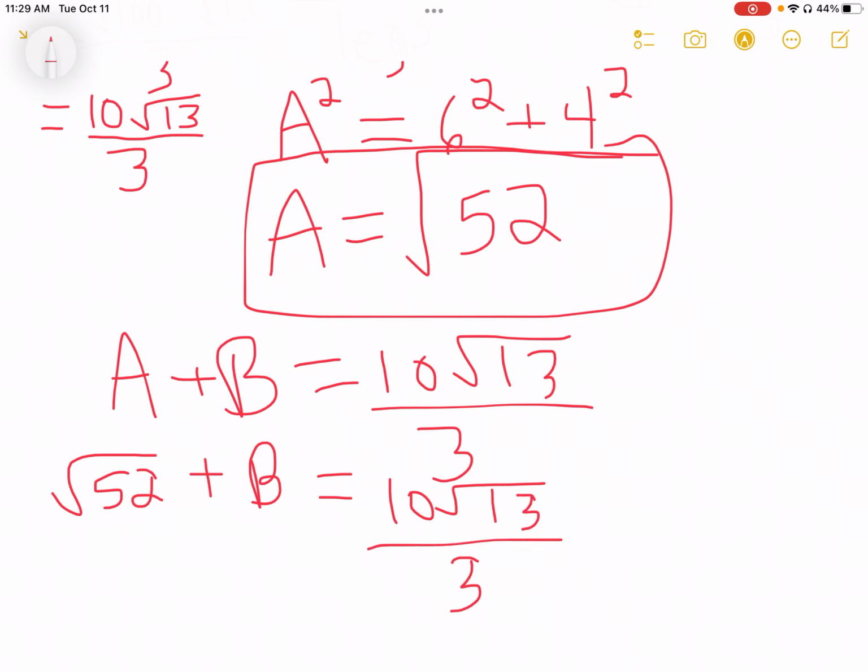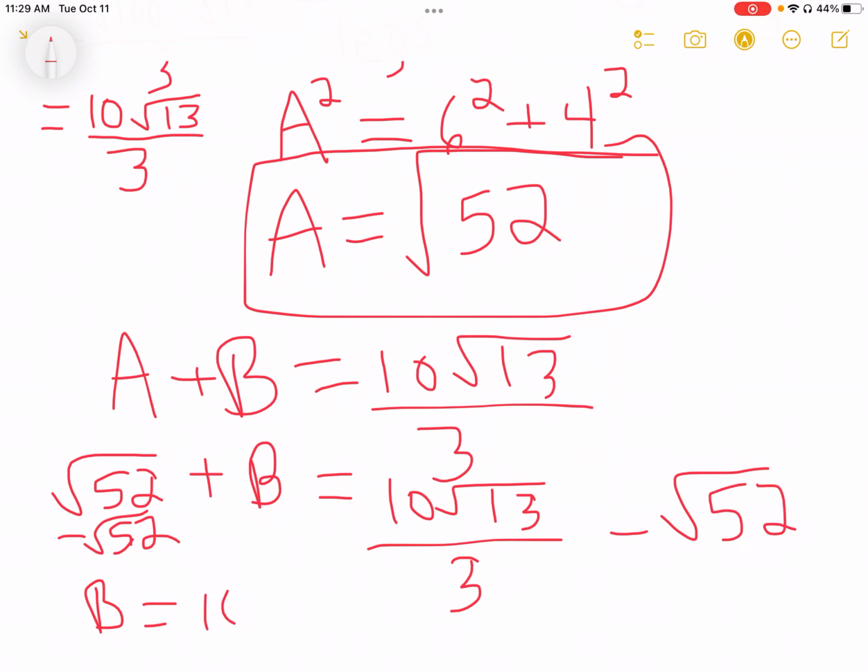Then let's go ahead and simplify here. So then I'd say, okay, b then is equal to 10 root 13 over 3, and subtracting minus root 52 over here, right? Minus square root of 52.